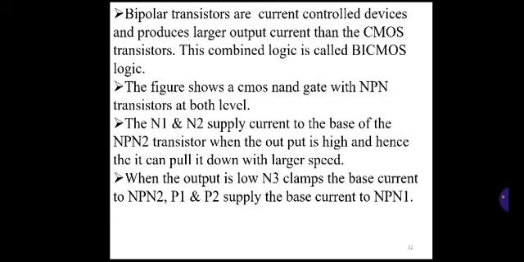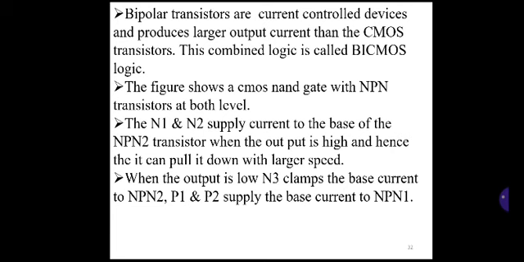So whenever the output of N1 and N2 is high, it supplies current to the NPN2 transistor, and then it can pull the output down with a larger speed. So as compared to the CMOS circuit, the output is pulled down with a much higher speed. That's why they are used for current driving purposes.